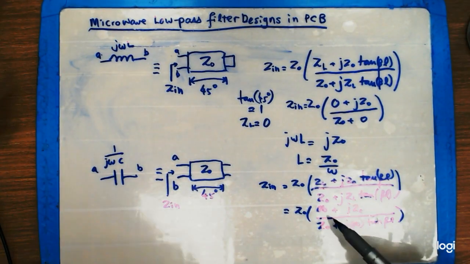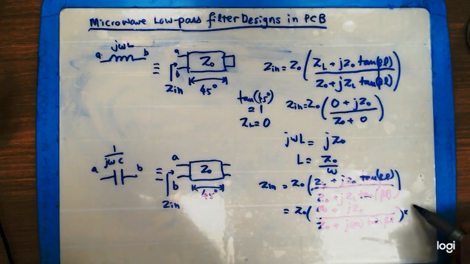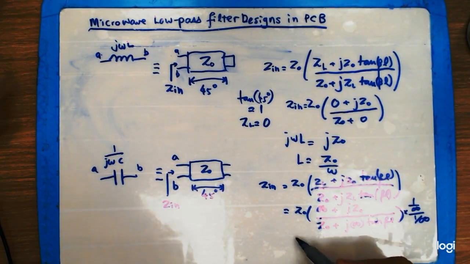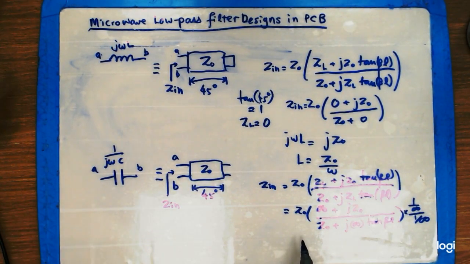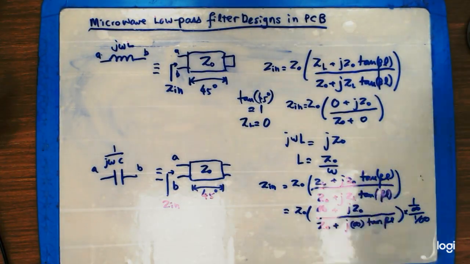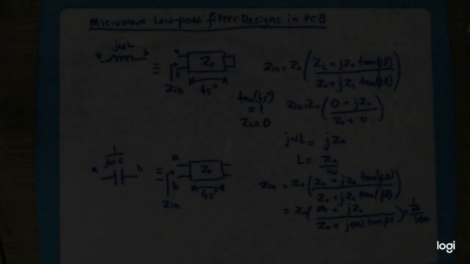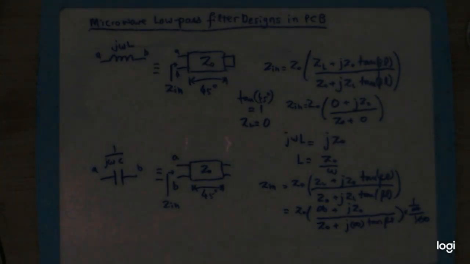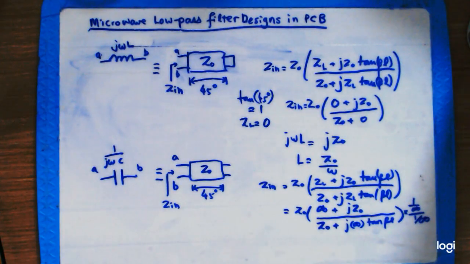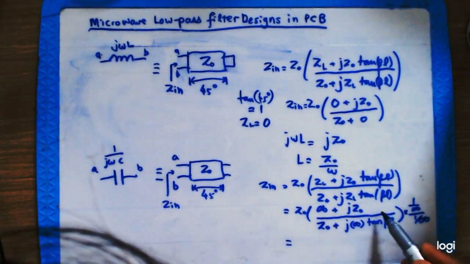So if we divide the top and bottom by infinity, what we will get here is the top one.